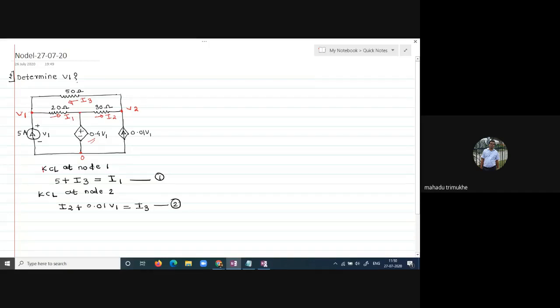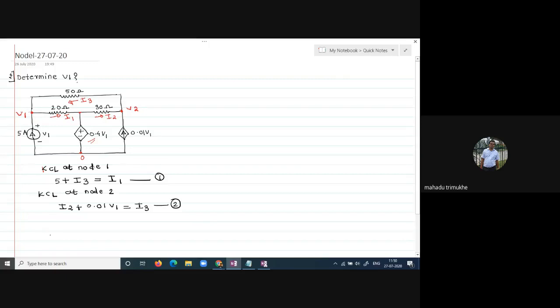Okay, now the currents in the circuit can be expressed in terms of voltage. As per the steps of nodal analysis, whatever the currents in the circuit, we can express in terms of voltage.